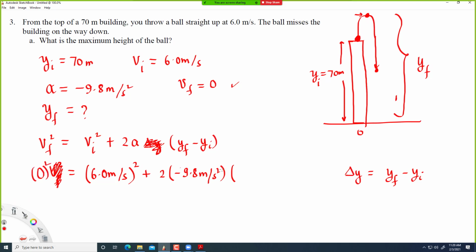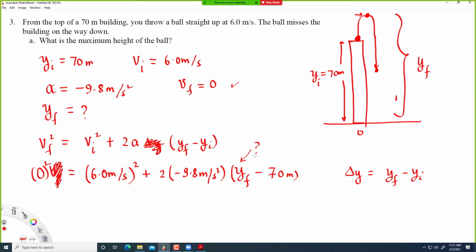What we are finding is this final position, yf. Initial position is, sorry, not 0, 70. So 0 is for the final velocity because it's at the highest point. So we want to solve this equation to find yf.